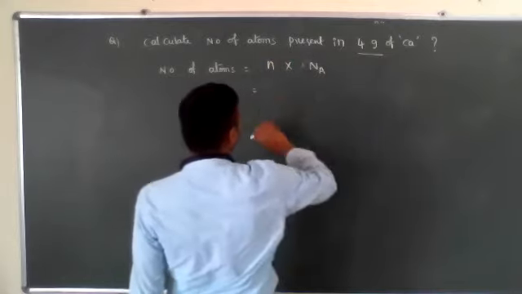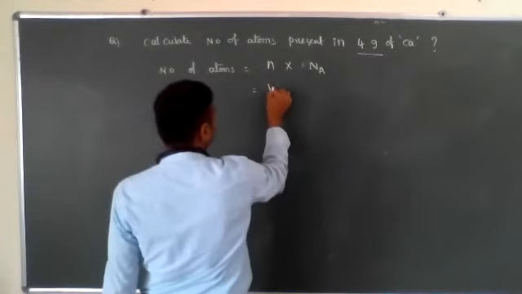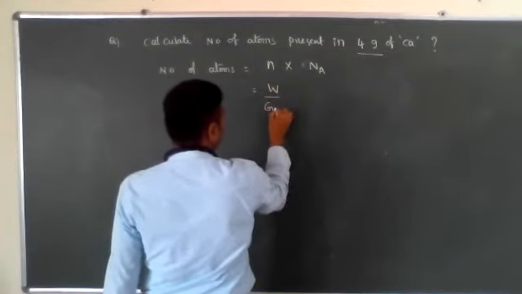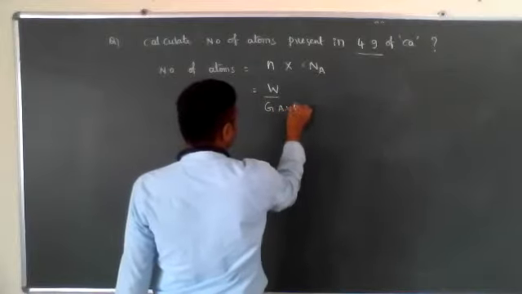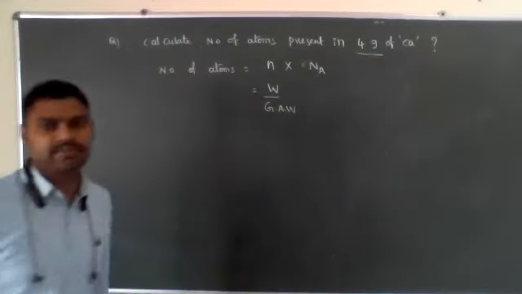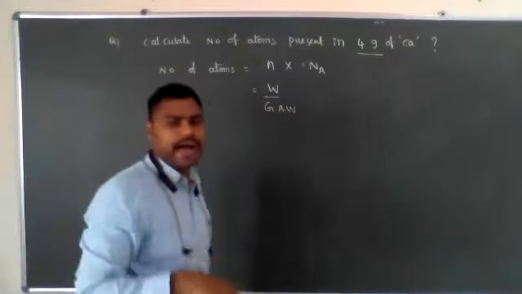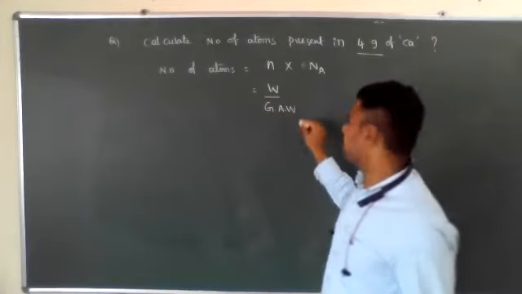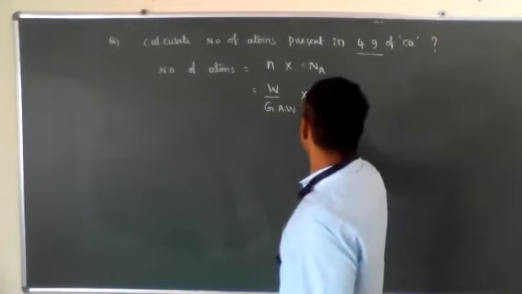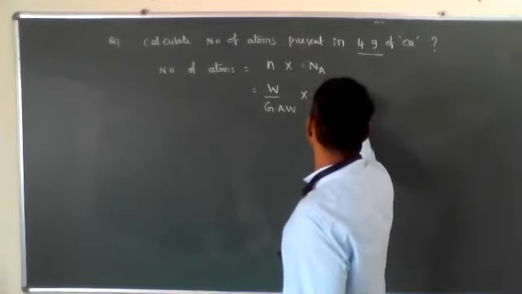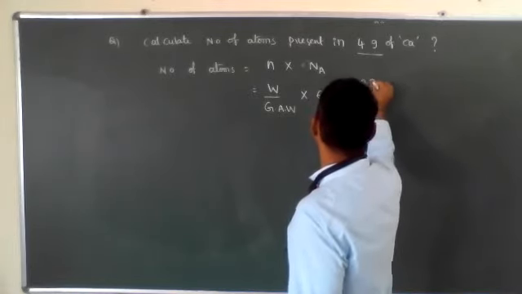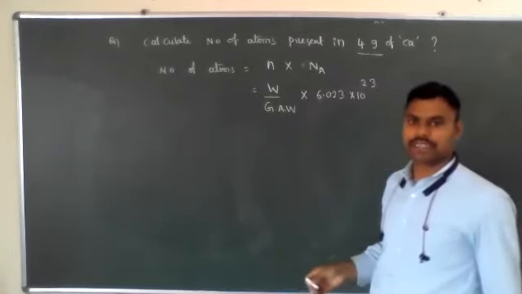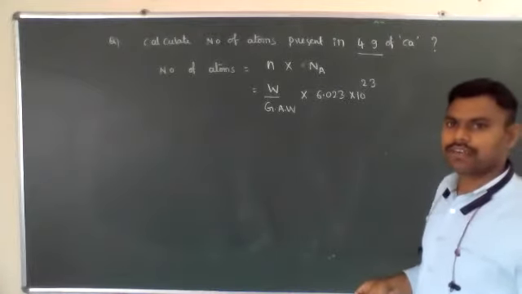Yes. N, what is the N value? N means weight by gram atomic weight. In this case, because atoms are given, what is the formula? Weight by gram atomic weight into 6.023 into 10 to the power of 23.